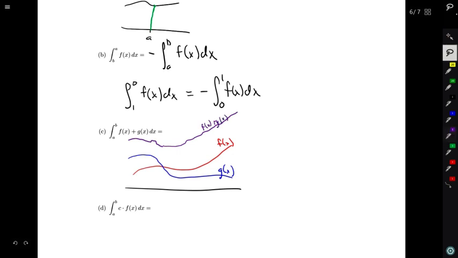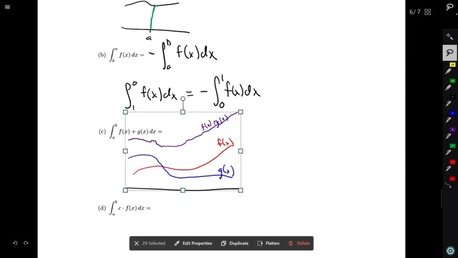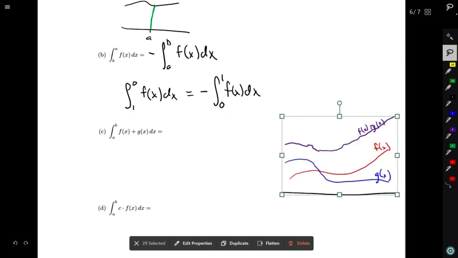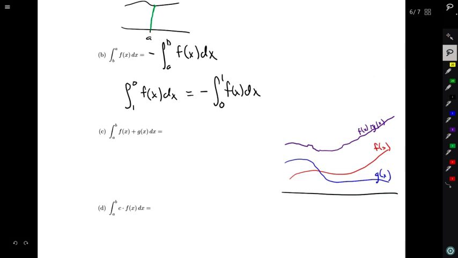Let's go ahead and move this picture out of the way. All right, so we have our f of x plus g of x here. And we want to compute the area under the purple curve. It should seem pretty reasonable based on this picture that the area between the purple curve and the axis is equal to the area under the red curve plus the area under the blue curve.